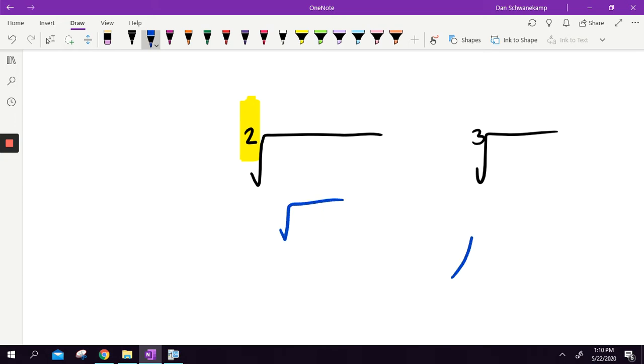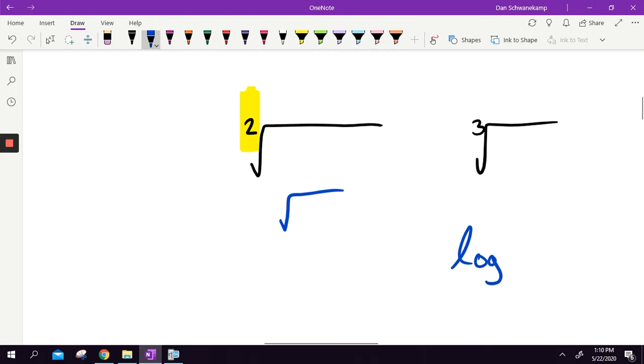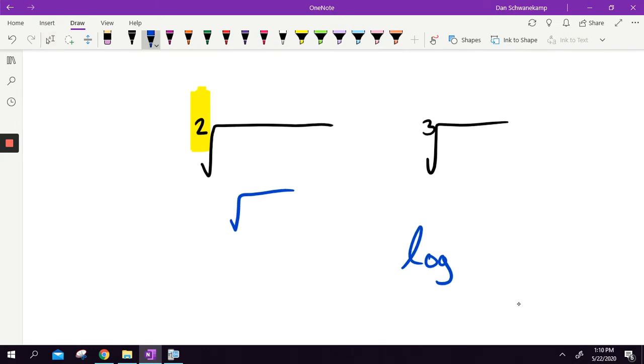Well, same thing is true with logs. We've done lots of base 2s and base 3s and base 4s. You can do a different base, but if you just see log of x and there's not a base, it's because the base is the number 10. It's implied, just like the square root, it's implied that there's a 2 right there.